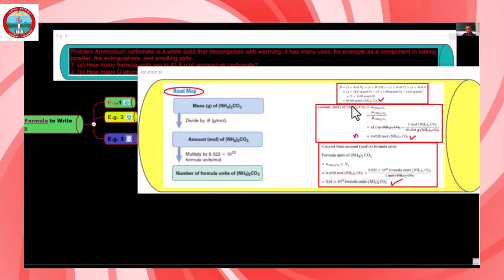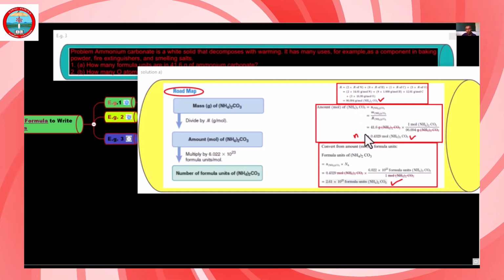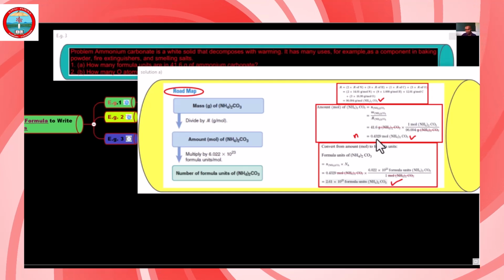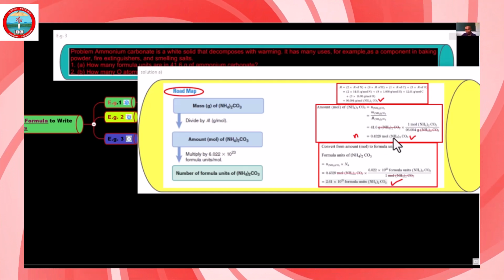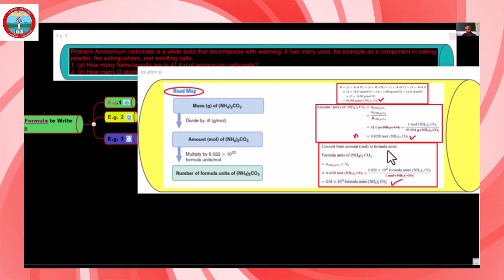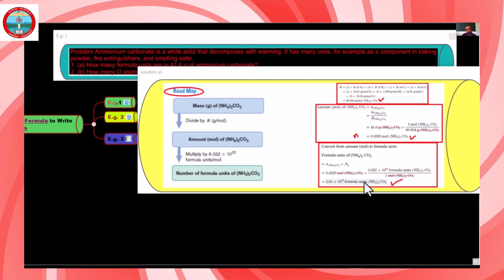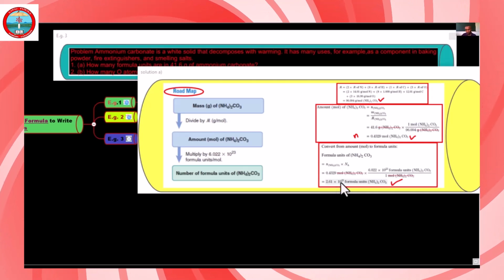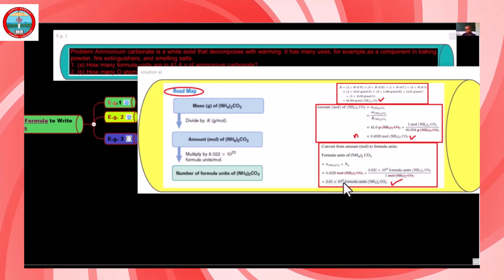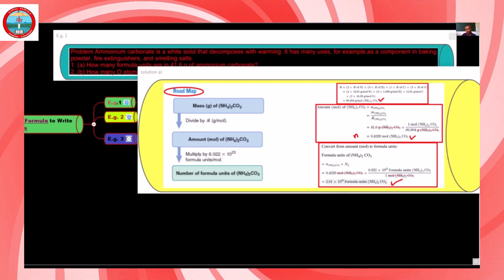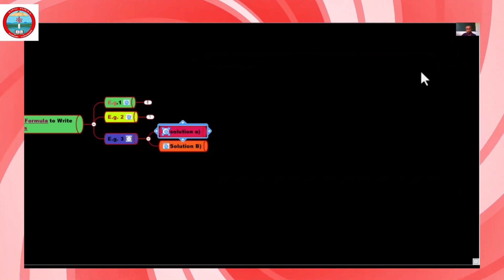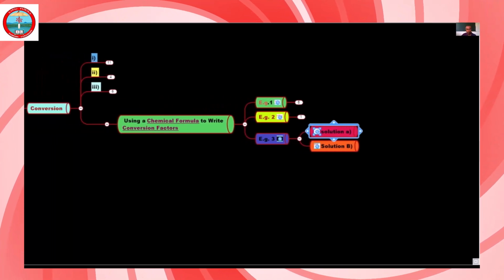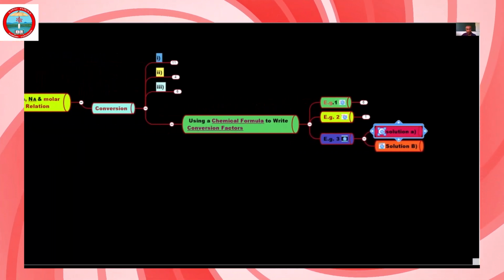So when you change the mass into the number of moles, we have 0.4329 mole of ammonium carbonate, and then multiply this by the Avogadro number. Finally we have 2.61 times 10 raised to 23 formula units of ammonium carbonate. This is one way of relating the mole concept and the Avogadro number.